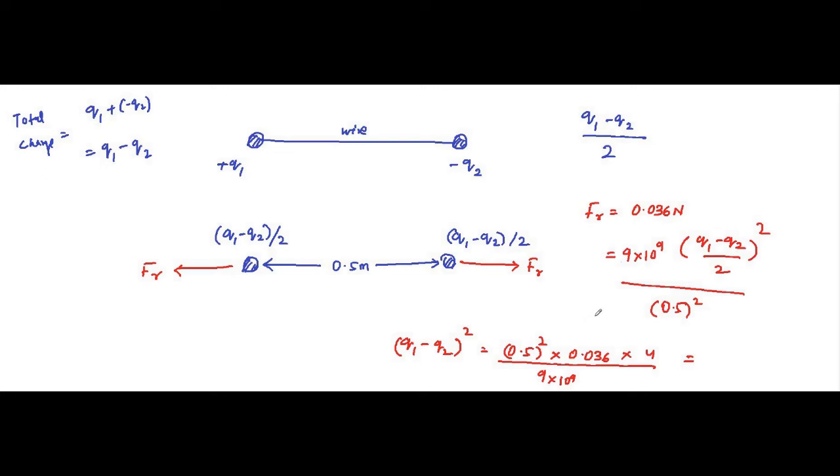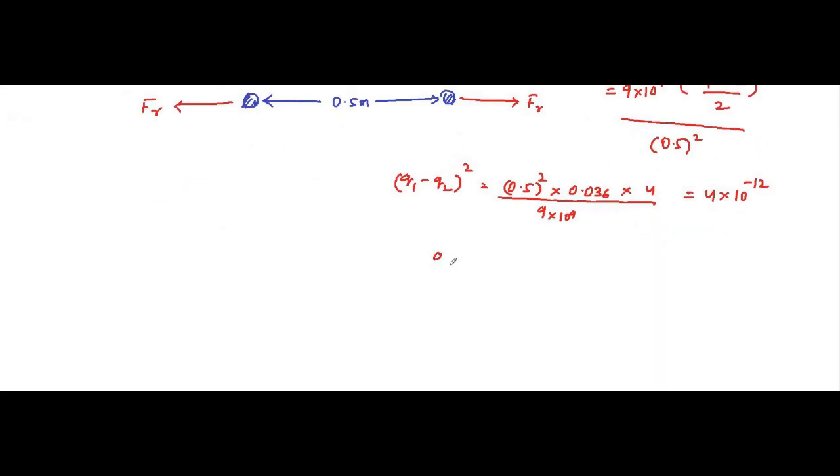Let us calculate. That is 4 into 10 to the power minus 12, that implies Q1 minus Q2 will be equal to root over of this, 2 into 10 to the power minus 6.